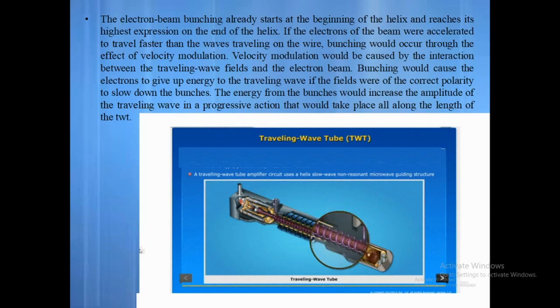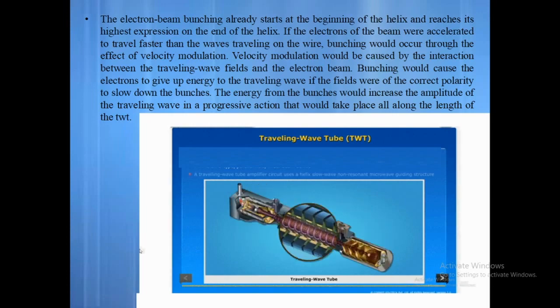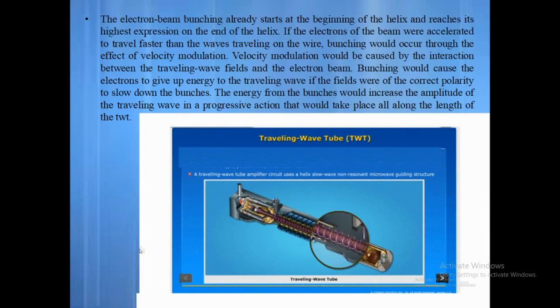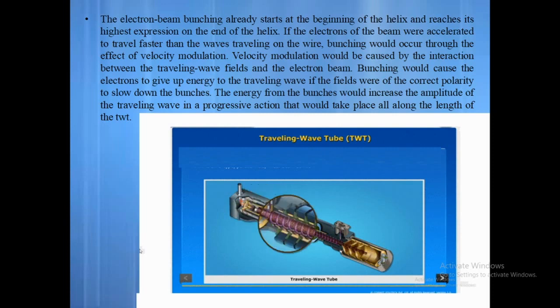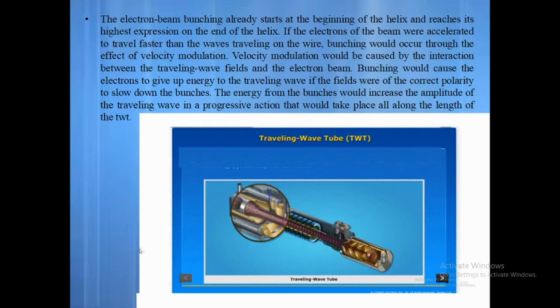We know that velocity modulation is nothing but, due to the combination of early electrons and late electrons, the bunching process will begin. Means here the transit time taken by the accelerating electrons will be less. Hence, the transit time will be considered.